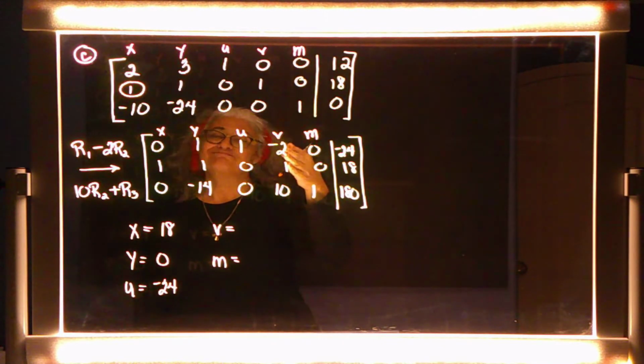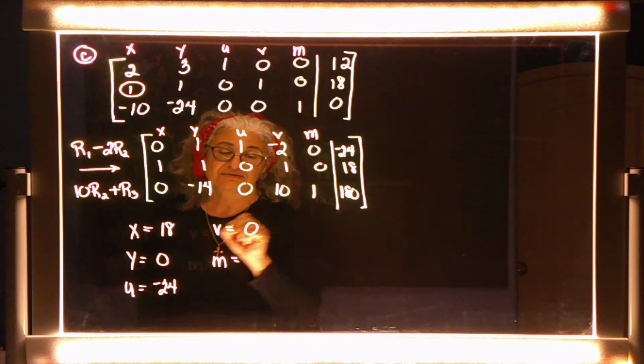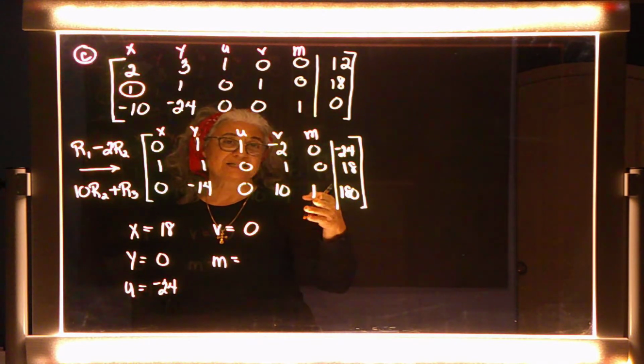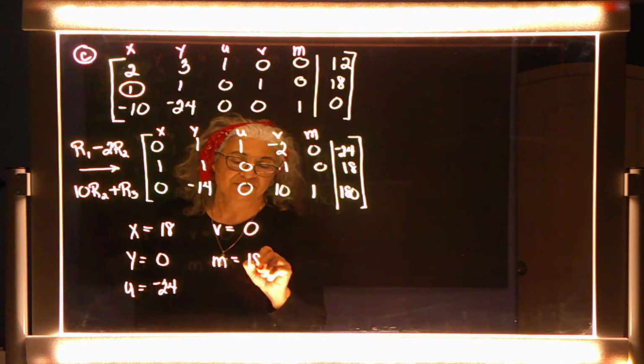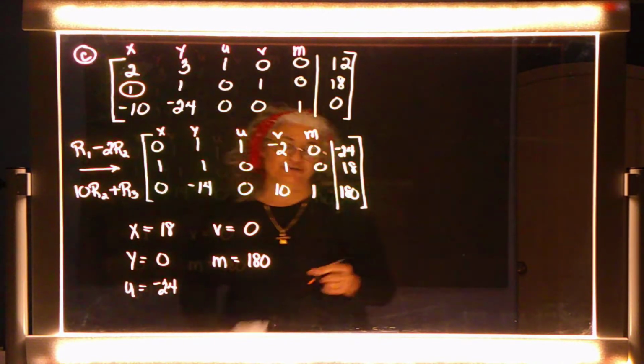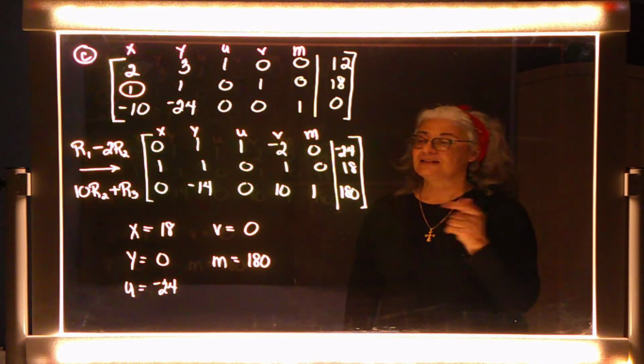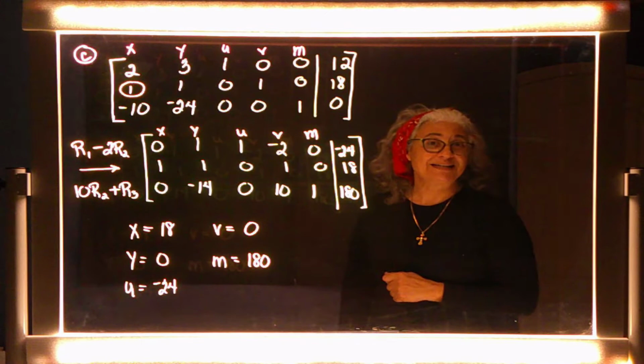The V doesn't have a bunch of 1s and 0s, so its value is 0. The M has the 1 in the third row, so it's going to have a value of 180, and it had zeros everywhere else. Okay, good with this? Lovely. Let's get to part D.